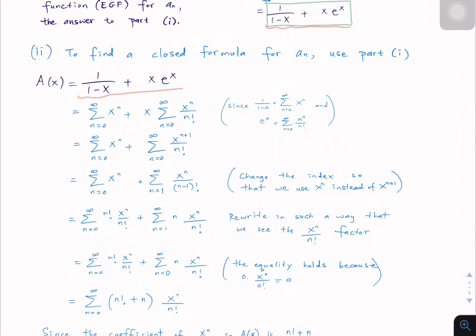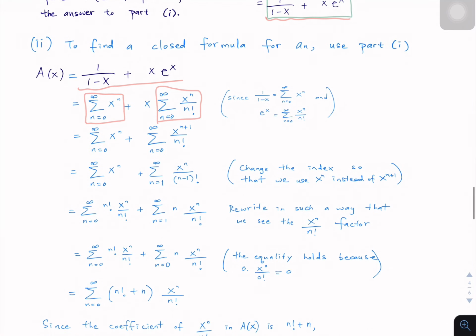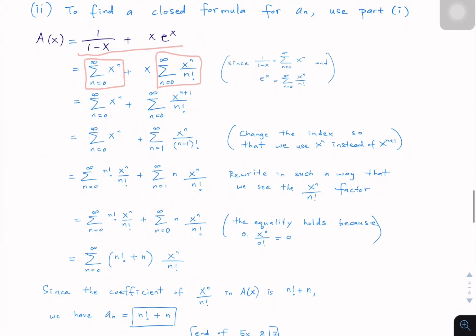So the first part is just the geometric series, and then the second part is x times e to the x, but we know how to compute the power series for e to the x. And now I will bring the x inside.